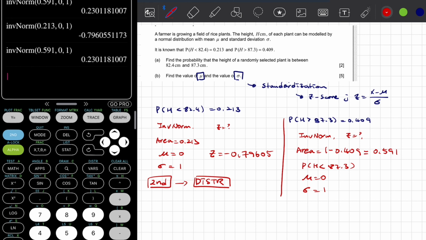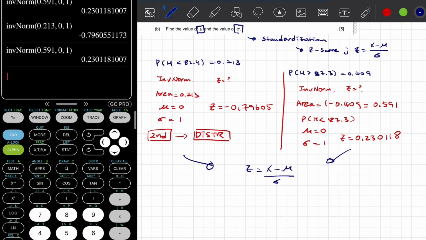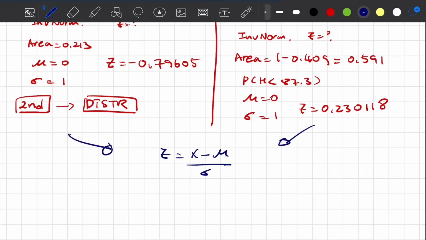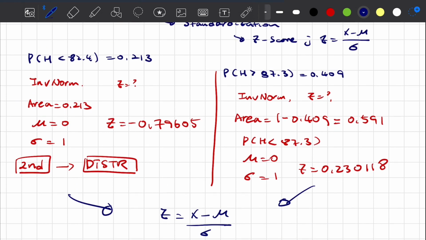Then you get your z-score value equal to 0.230118. Okay, now you can set two equations using this information with the formula z equals x minus mean over standard deviation. Okay, then you can do negative 0.79605 equals to your x value, which is 82.4.